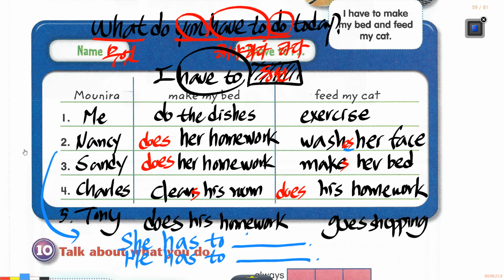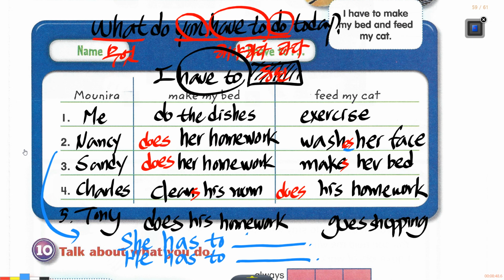이게 좀 여러분 머리를 잘 굴려야 돼요. Nancy, what does Sandy have to do? She has to do her homework and make her bed. Perfect. 완벽해요. Sandy, what does Tony have to do? Good.